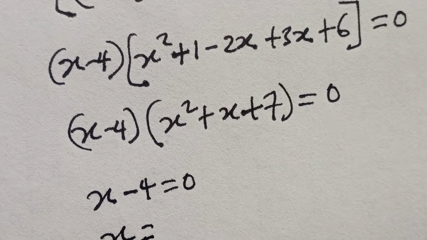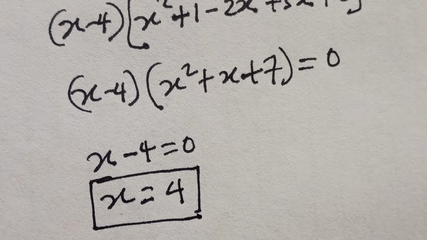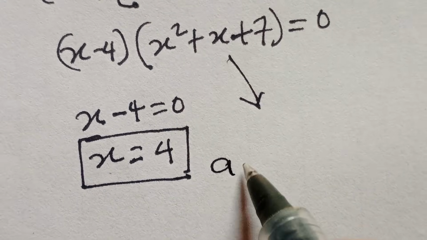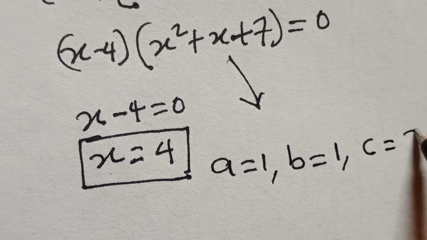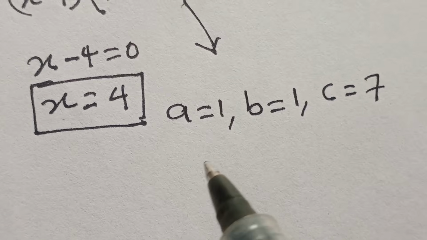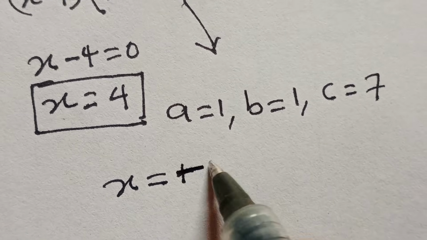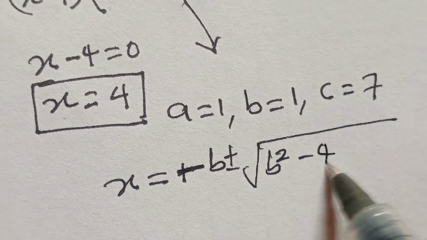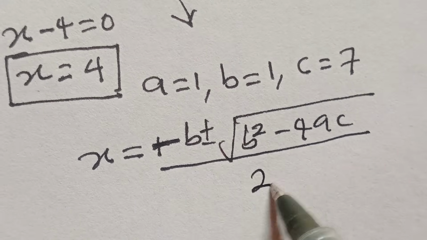And x is equal to 4. So this is another value of x. Let's now solve this. From here, a is equal to 1, b is equal to 1, and c is equal to 7. Now let's apply the almighty formula, which says x equals minus b plus or minus square root of b squared minus 4ac, everything divided by 2a.